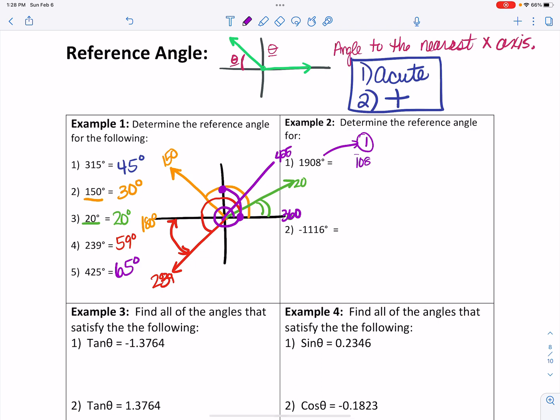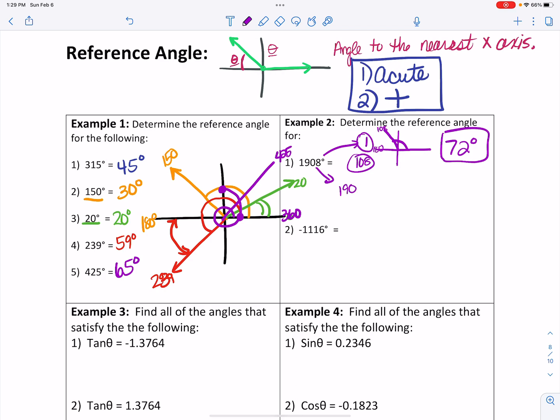So the first thing they do is figure out that it's 108. Well, then if I draw 108, that lands here. 108 is closest to 180, so I'm going to do 180 minus 108, and my answer is 72 degrees. Okay, so they just subtract.